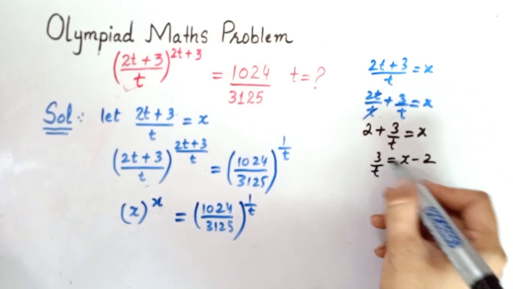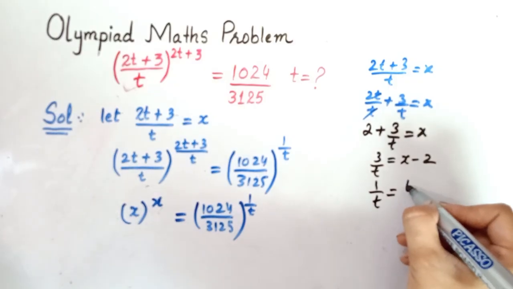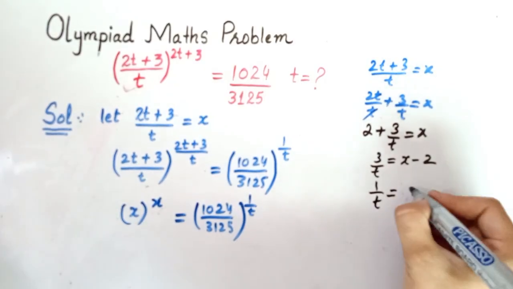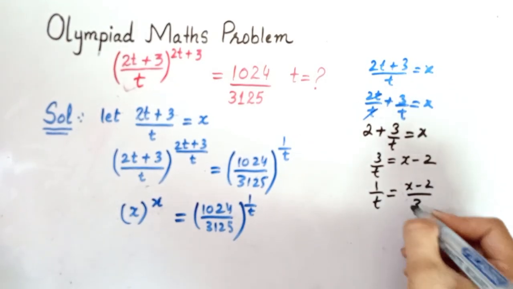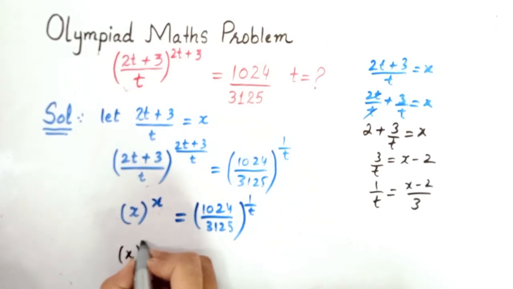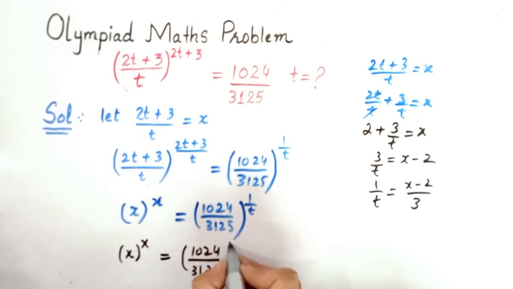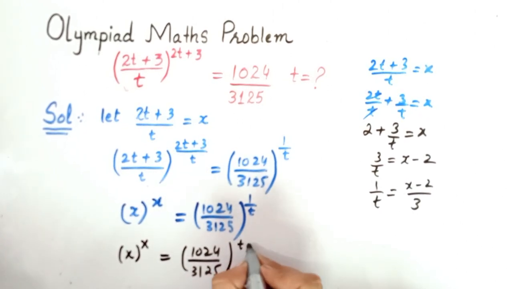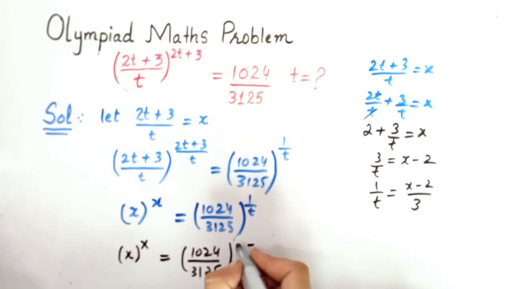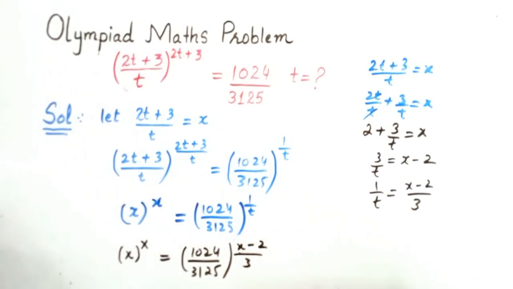Then t is multiplied here, so it will be divided, so 1/t equals (x minus 2)/3. Substitute this value here. This side has x to the power x and this side has 1024/3125, and 1/t equals (x minus 2)/3.